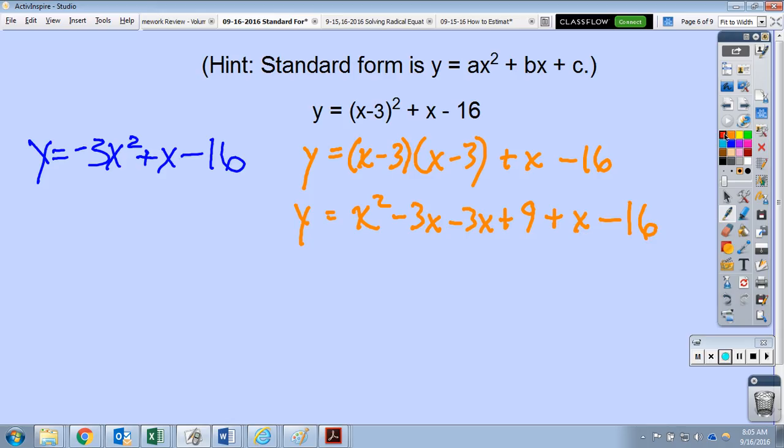Remember FOIL: first terms, outside terms, inside, and last. Each term is multiplied with each term of the other polynomial.